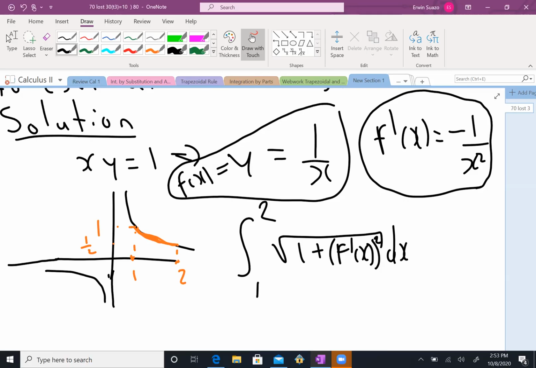When you are doing this so fast in your exam, you need to double check your work. It happens to me in the class when I'm looking at something else, then I make mistakes. So we go back and say, okay, this is f of x, f prime is the derivative, so minus 1 over x squared. So then I replace it.